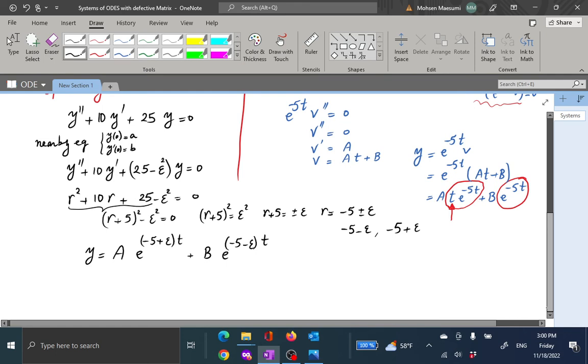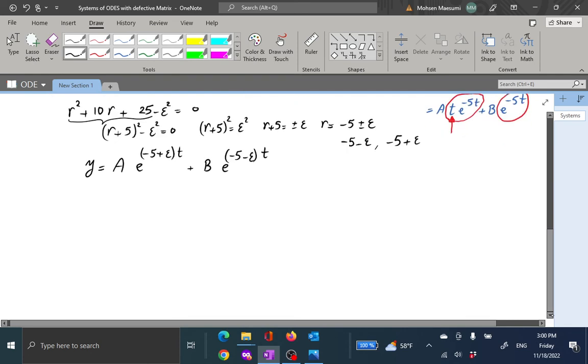So remember that y of 0 is some number, y prime of 0 is some number, and based on that we can designate what A and B are going to be, and then our solution is going to be unique, and we can actually go ahead and let epsilon go to 0 at that point and actually get a useful answer.